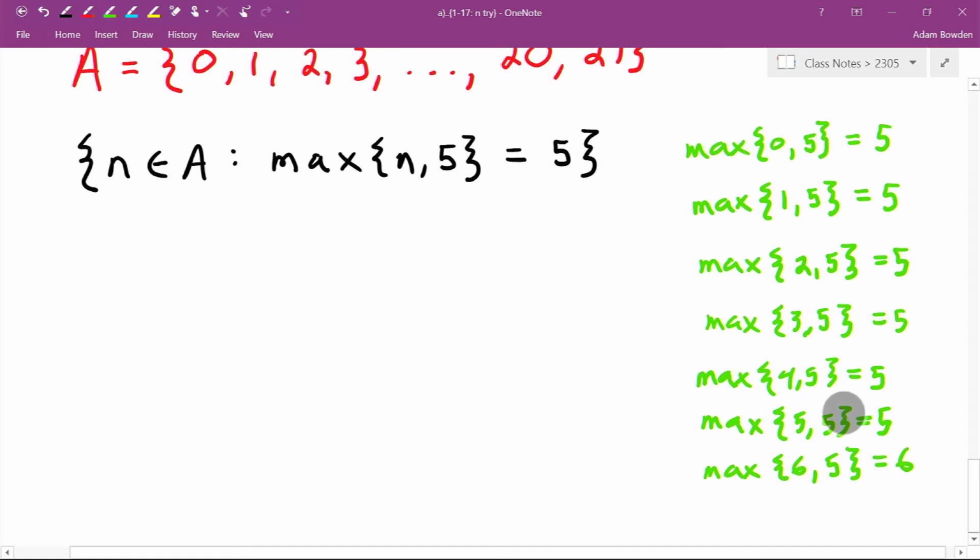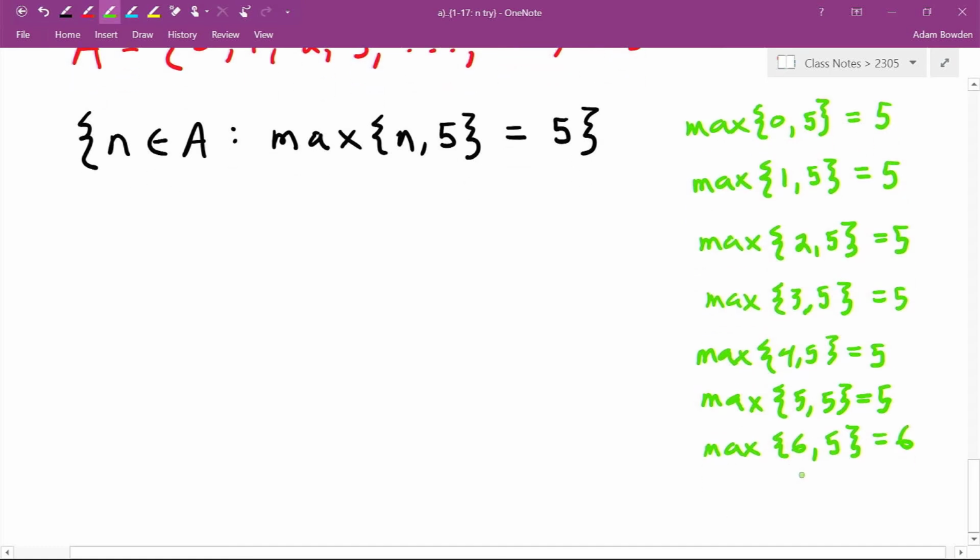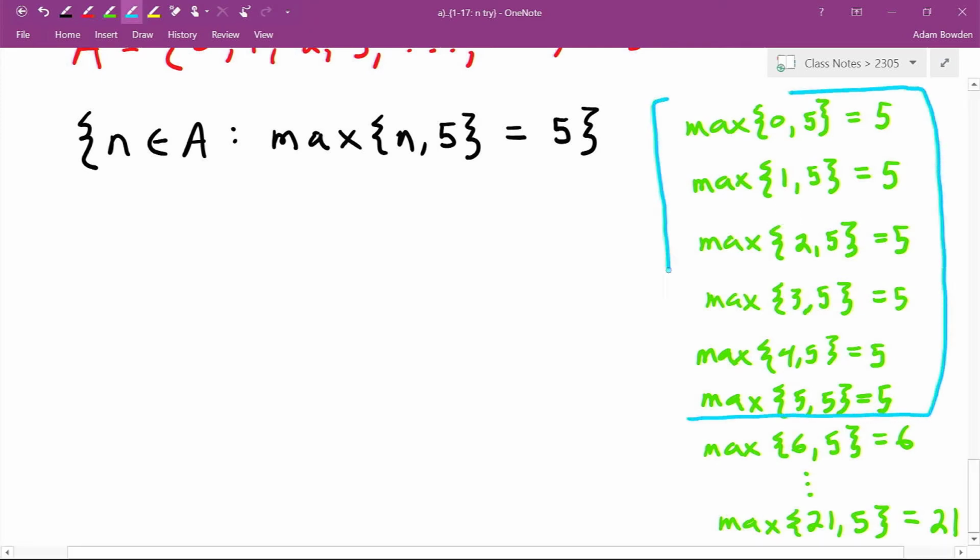And this is going to continue on from here all the way up to the last number in the set, which is 21. Maximum of 21 comma 5, well, that's going to be equal to 21. So only a few of these actually have a maximum equal to 5. The rest of them are going to go beyond that, since the number is going to get bigger than 5.